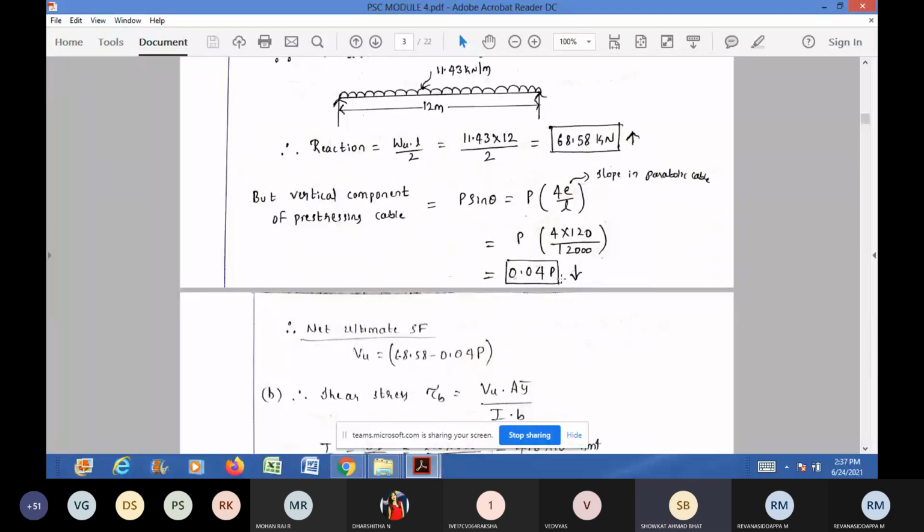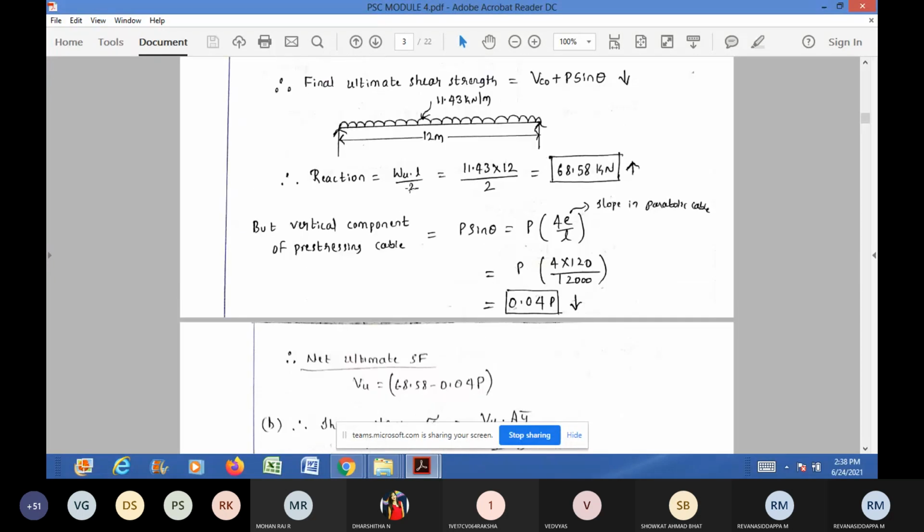Now the total or ultimate shear force which acts at the support section is the sum of the shear force due to the external load, that is 68.58, and the shear force due to the vertical component of the pre-stressing cable, 0.04 P.